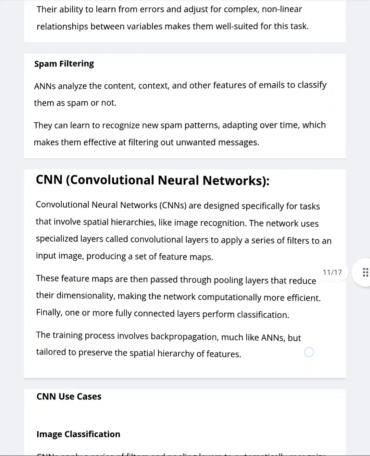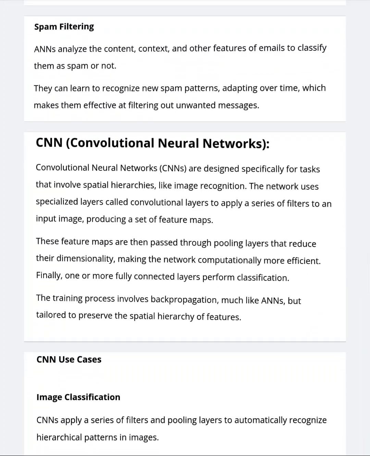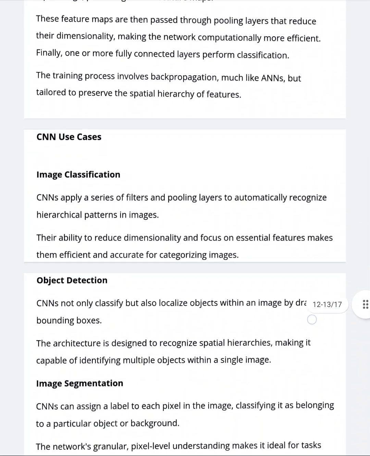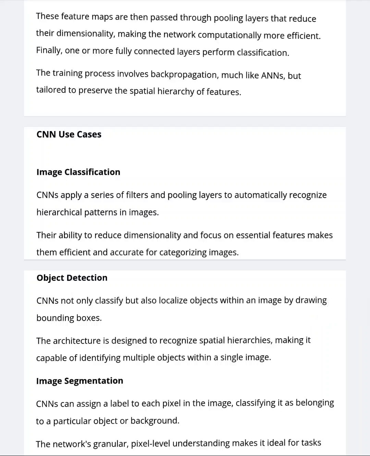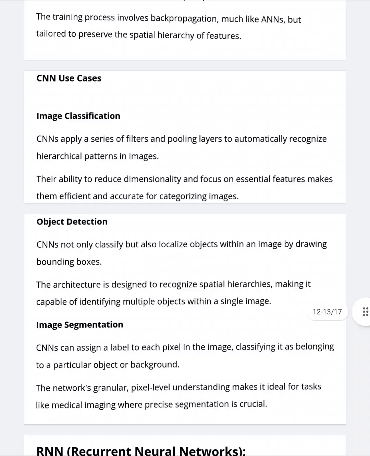Then we have the applications of CNN. So CNN have various applications related to computer vision, classifying an image into two categories or three categories or more, then detecting an object in the image, whether a particular object is present or not.